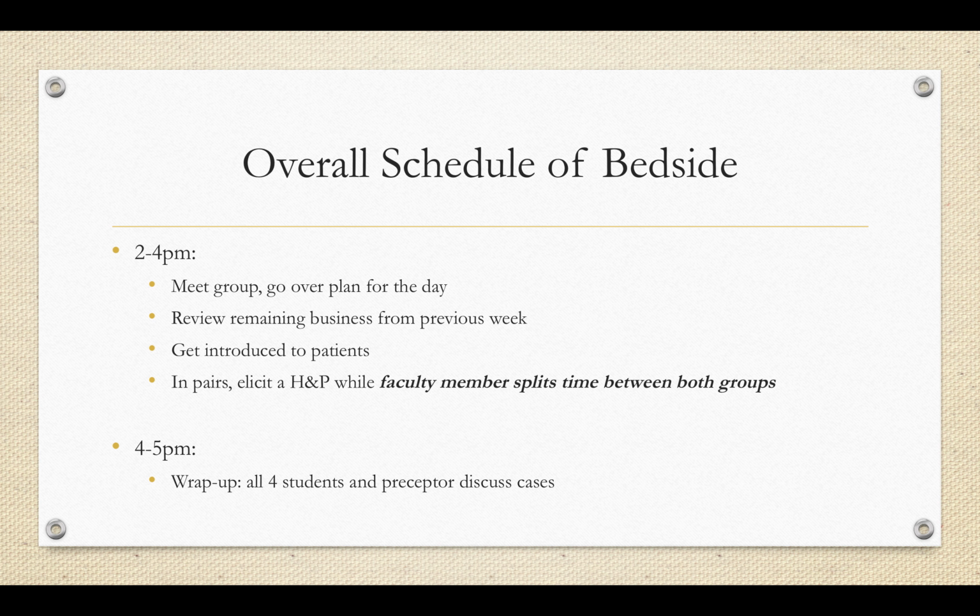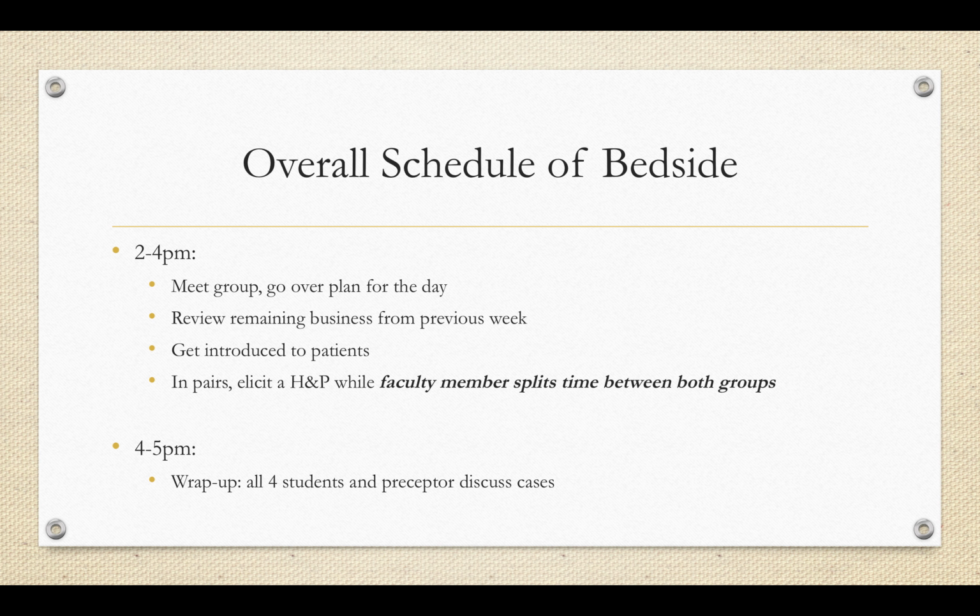And then, after you're done with that, the students will evaluate each patient in pairs. If you have 4 students, we can call them student A, B, C, and D. You'll take the first pair, student A and B, let's say, and introduce them to the first patient. After that's done, you take student C and D, and you introduce them to the second patient.